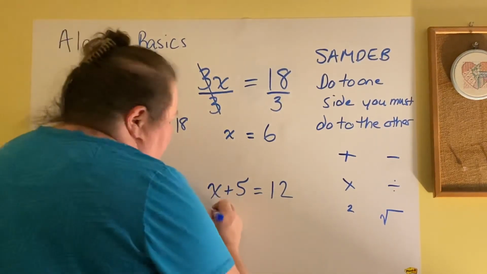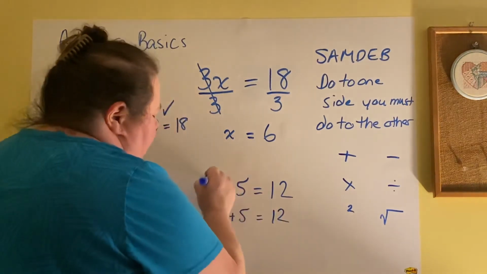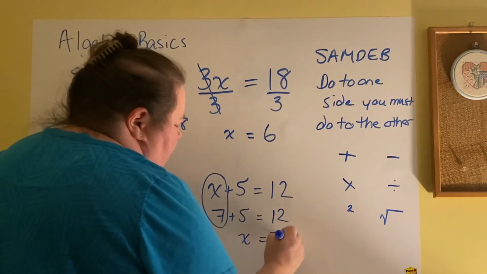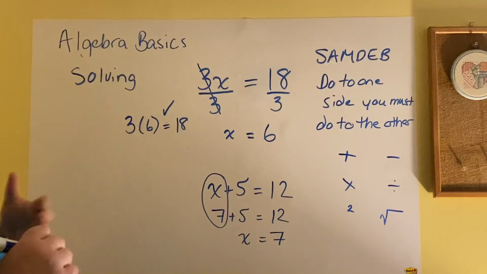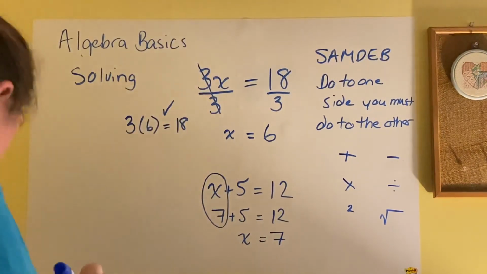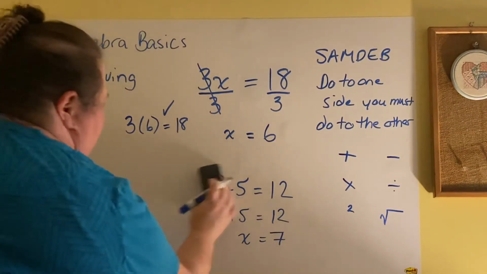So I know that 7 plus 5 equals 12. So in that case, I just figured out that x equals 7. So that's one thing you can do if you're having a hard time doing the whole manipulation of this. And I can show you as well if you had it in a little more complicated form.